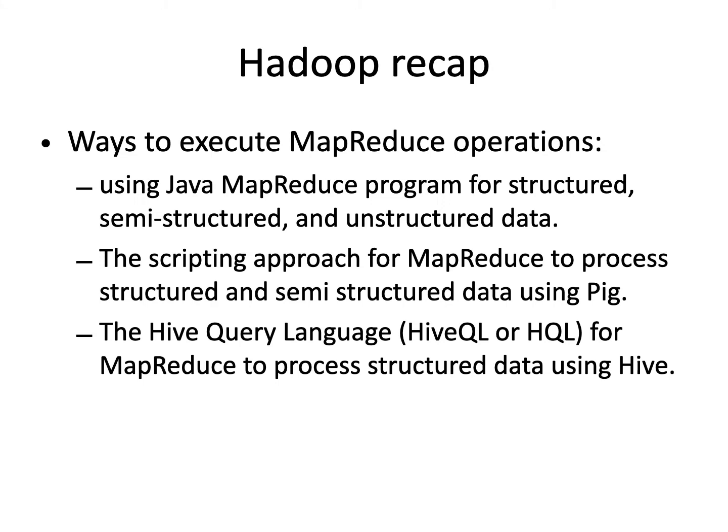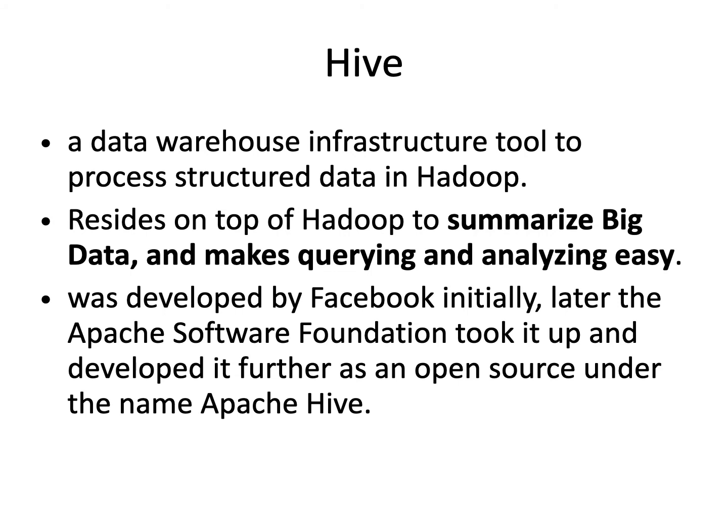This is Pig that we briefly discussed in our last class. And the third one is the Hive query language, known as HiveQL or HQL, for MapReduce to process structured data using Hive. So we will see the basics of Hive.